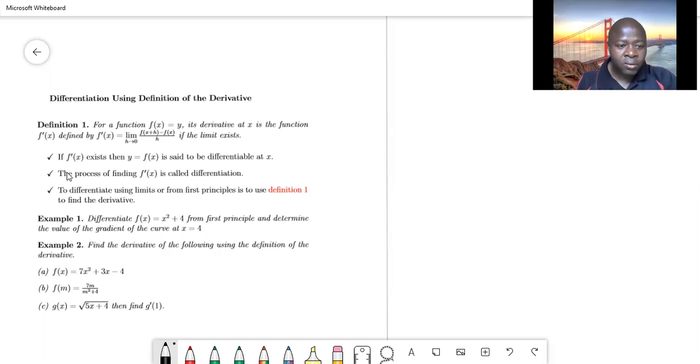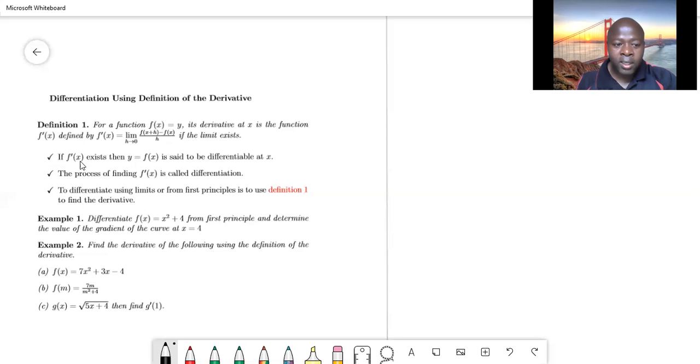Now there are some things you need to know. One is that if f prime of x exists, then our function f of x is said to be differentiable. So we only say that this function is differentiable if its derivative f prime of x exists.